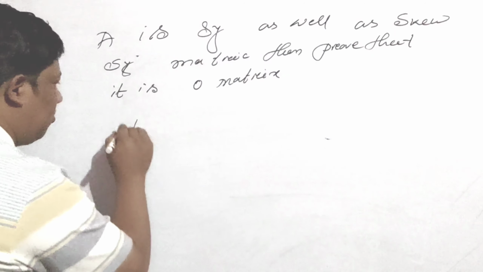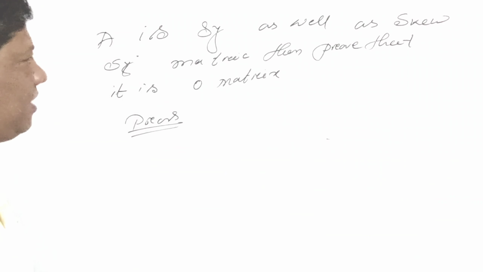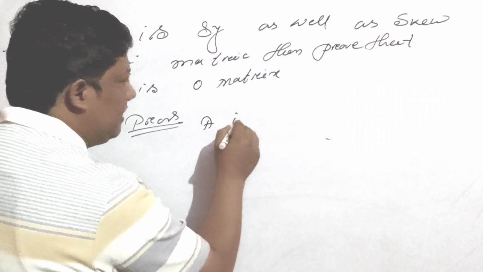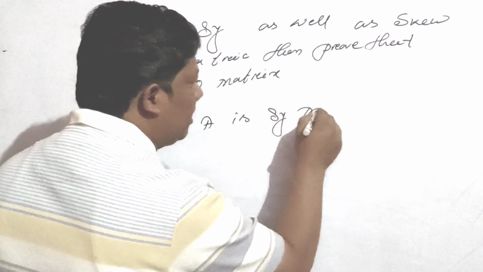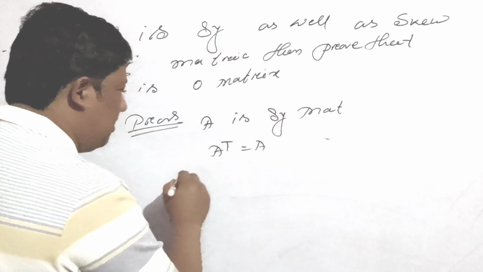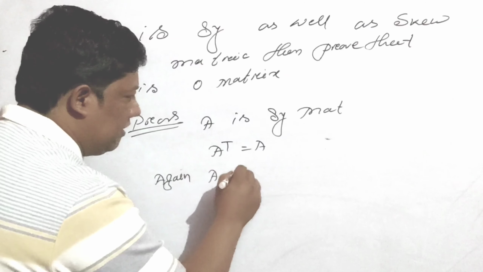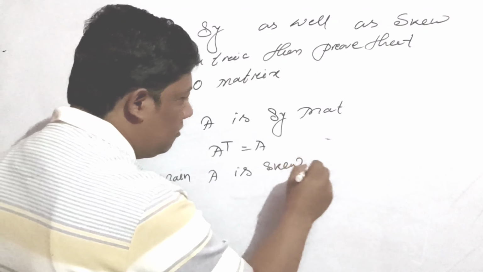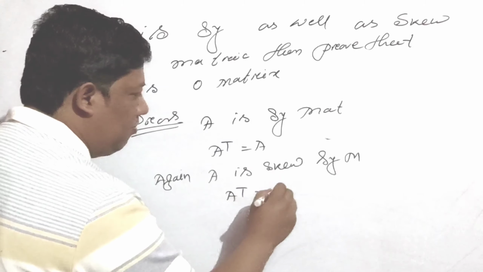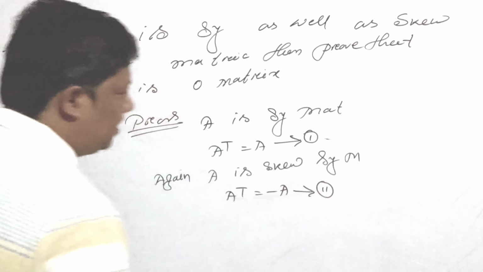So my dear students, look here. At first it is given, A is a symmetric matrix. That means A transpose equals A. Again, A is a skew symmetric matrix. Therefore, A transpose equals minus A. So it is the first equation and it is the second equation.